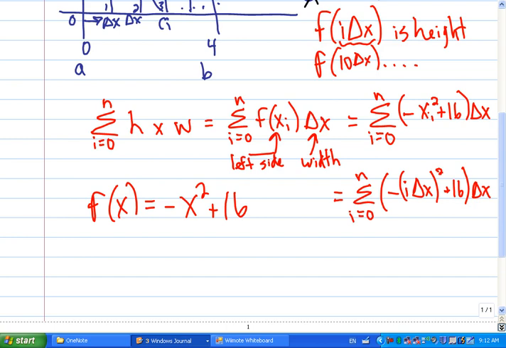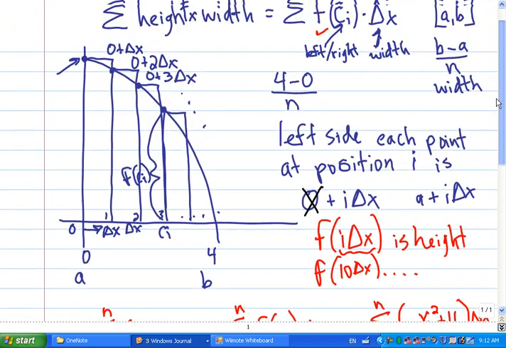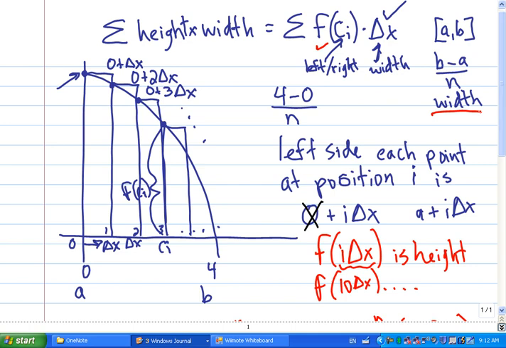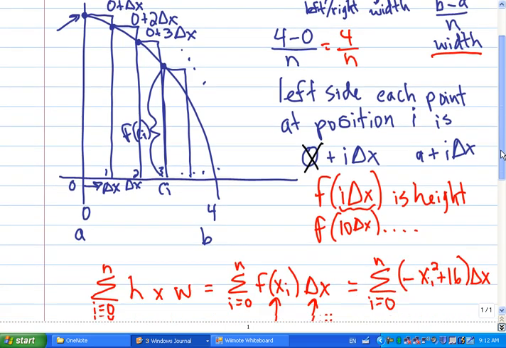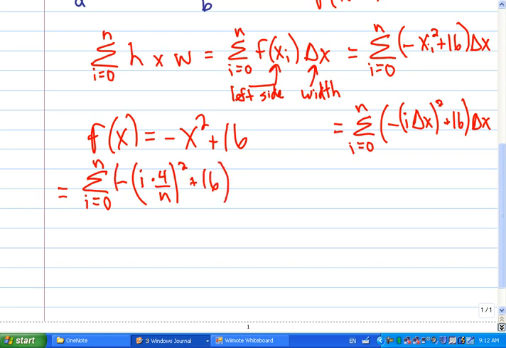And we already have a formula for delta x. We set up here that it represents the width, and it was, for our purposes, 4 over n. So I'm going to substitute that in, and it's going to be the sum from i equals 0 to n of negative i times 4 over n squared plus 16 times 4 over n.